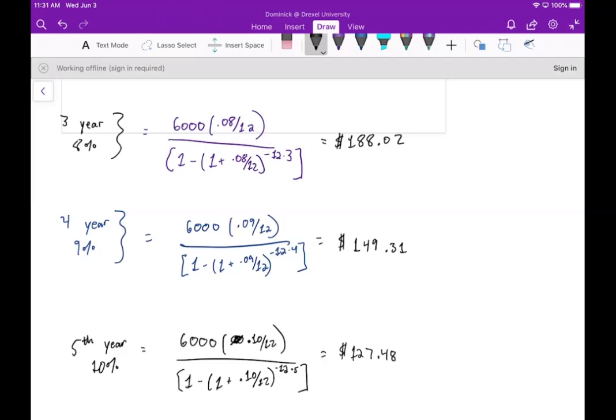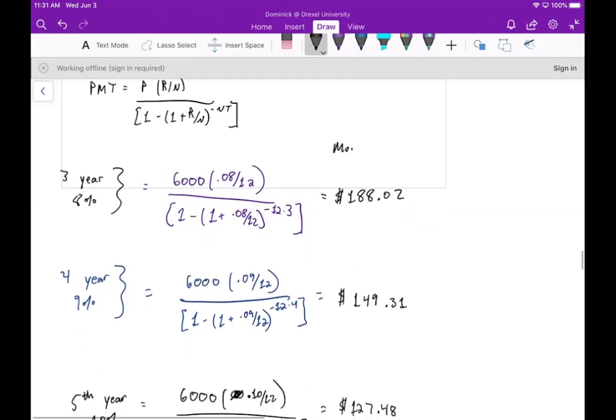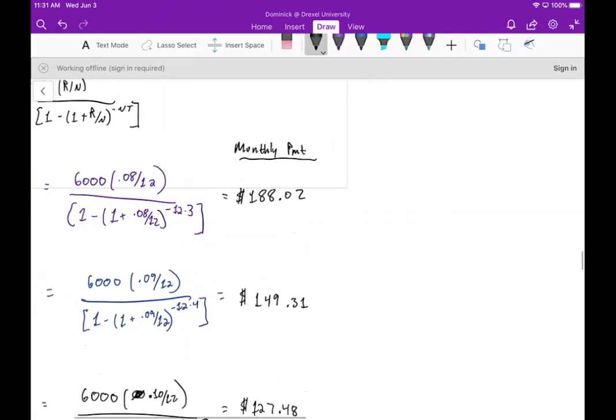Okay, so now those are our monthly payments for each scenario, right? Now we want to figure out how much we are paying over the entire life of the loan for each of these. That was the second part. So total paid would be your monthly payment, 188.02 times 12, and this was for 3 years.